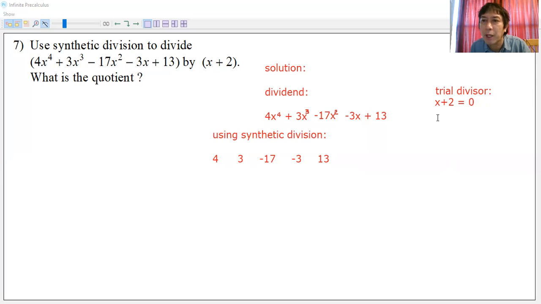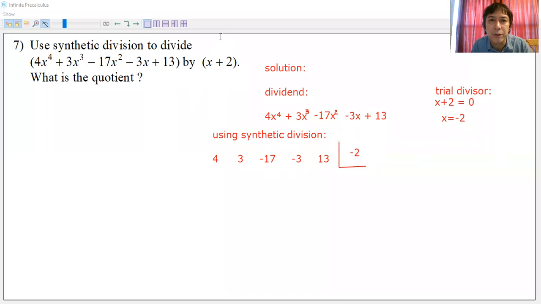Now this will just be x equals negative 2. That's our trial divisor. We put it here. We put the partition here. Then we put our number, negative 2 there.